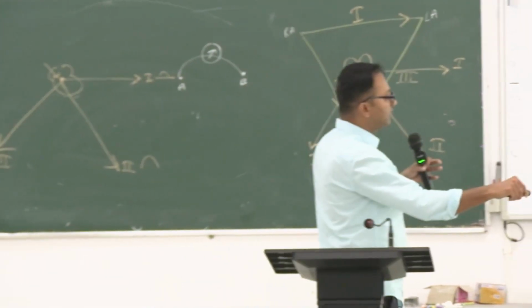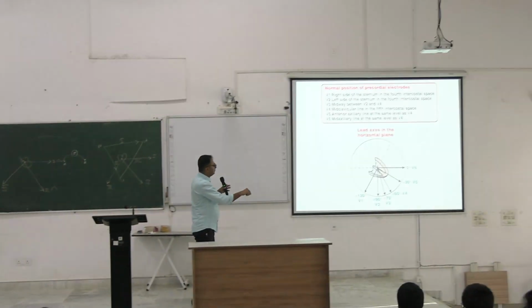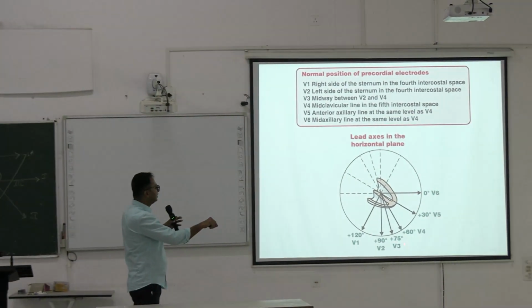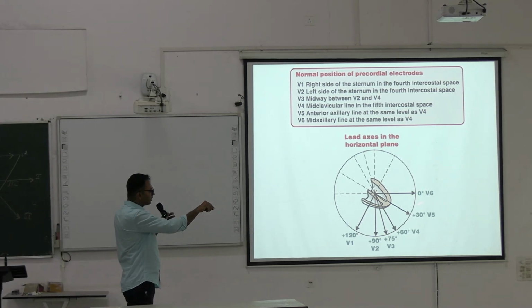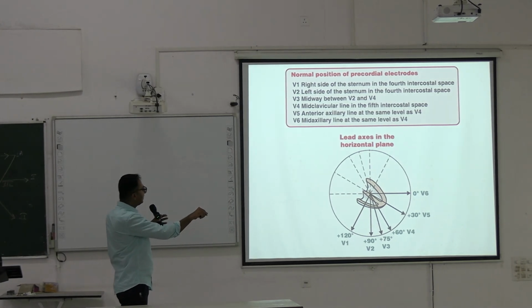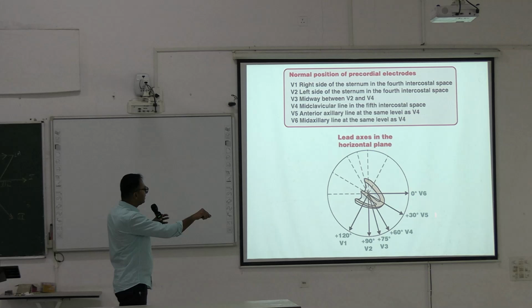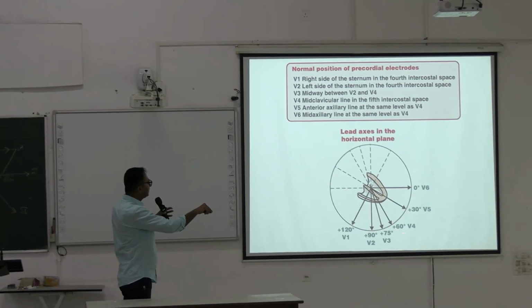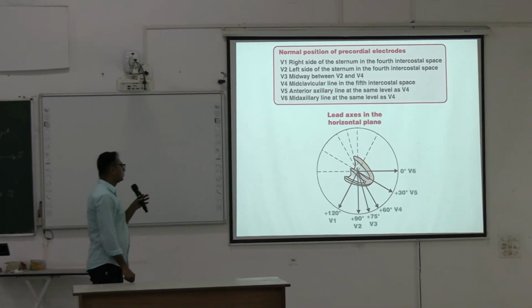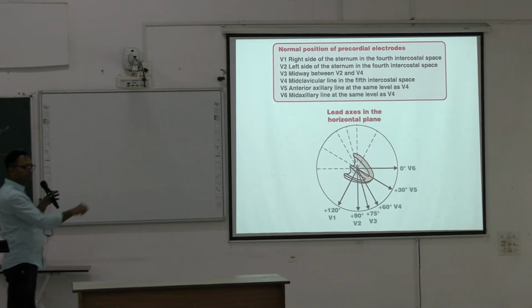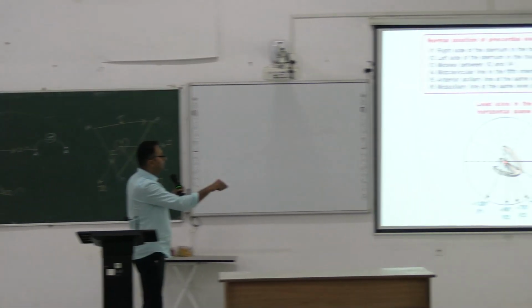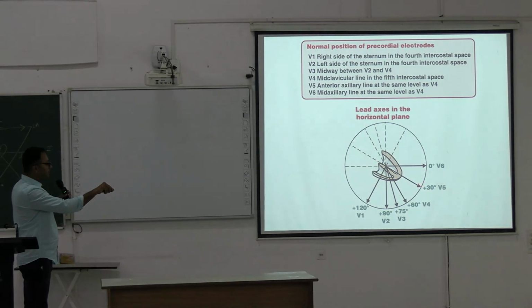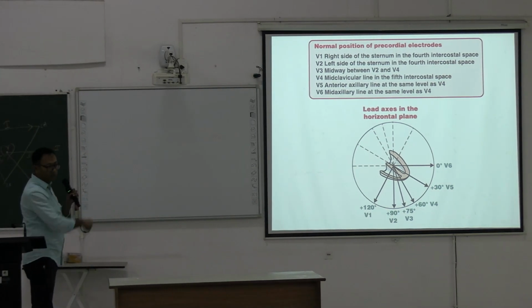So here the locations are V1, V2, V3, V4, V5 and V6. V6 is mid-axillary line, V5 anterior axillary line, V4 mid-clavicular line, and here V1 to 3. So here is the heart. If any vector moves towards V1, there will be positive deflection in V1.